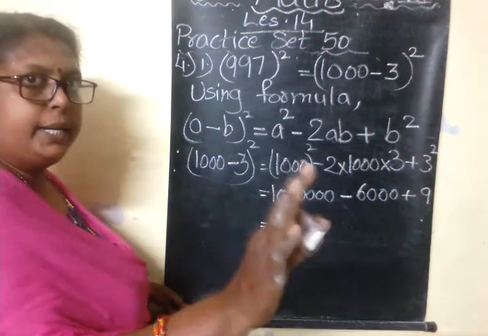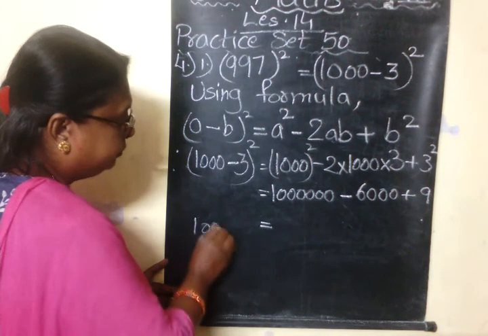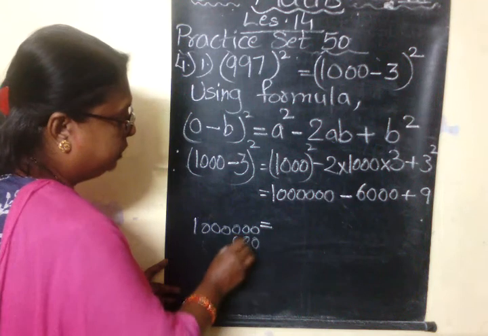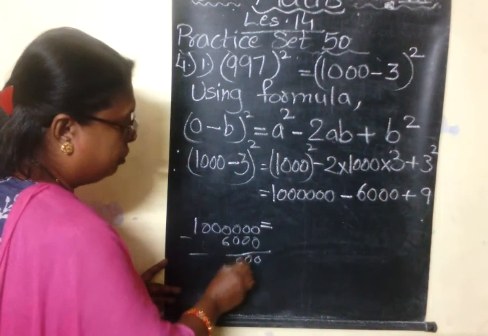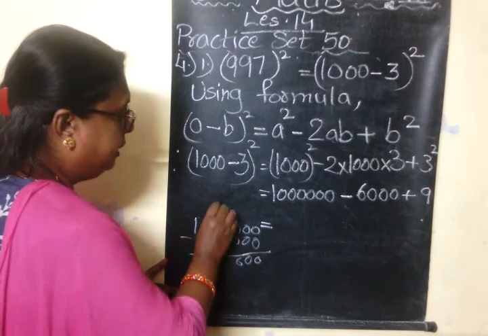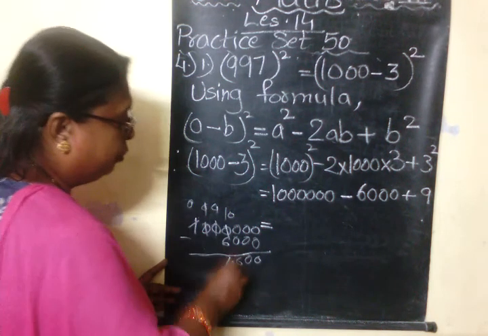If you cannot do it directly, do the working aside. 1000000 minus 6000: the digits become 0, 0, 0, and from the 10 it becomes 9, 9, and here it will be 4.